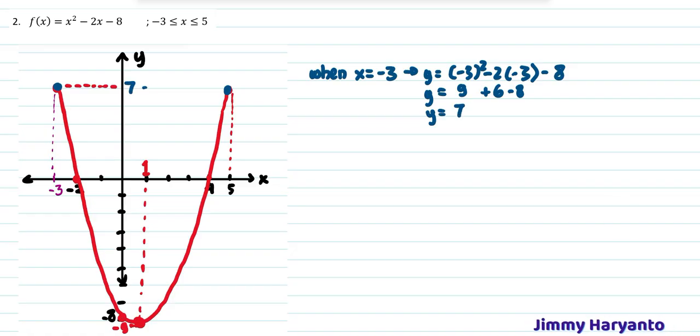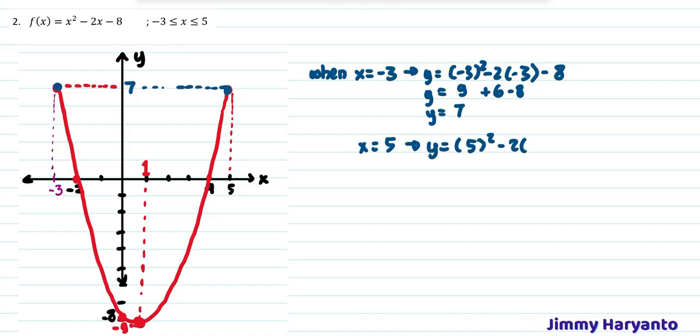And then how about x equals 5? According to the graph, I think the value will be the same. Just make sure whether it is 7 or not. Just calculate it like this: 25 minus 10 minus 8. We have 7, the same.